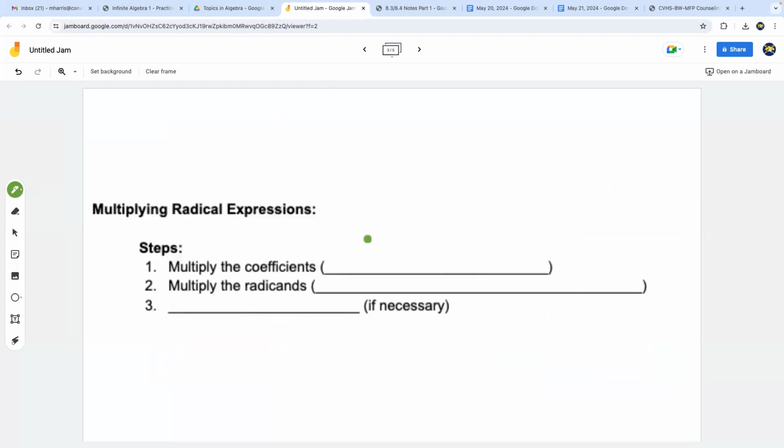Next, multiplying radical expressions. What you do when you multiply these is multiply the coefficients, which are the numbers in front.